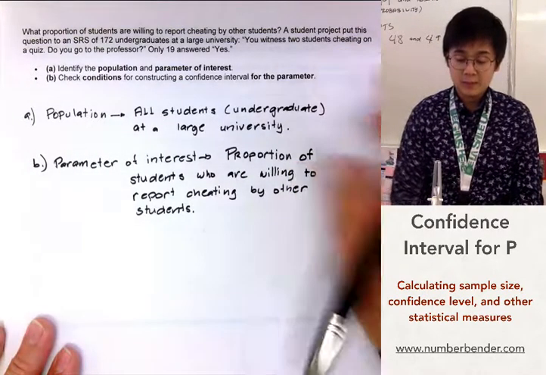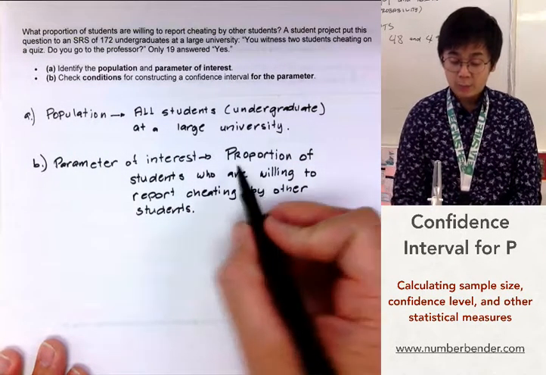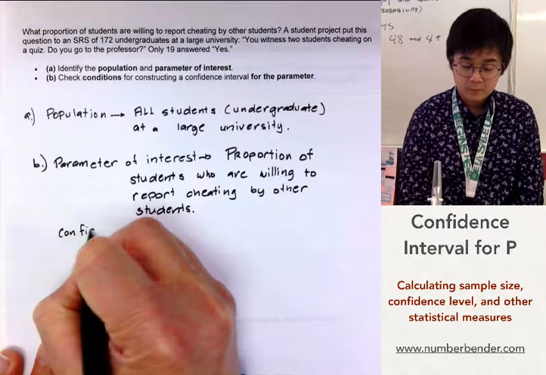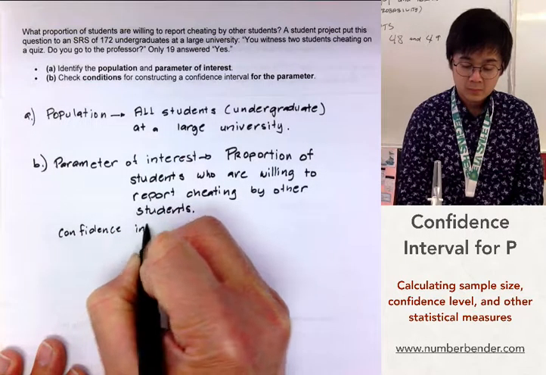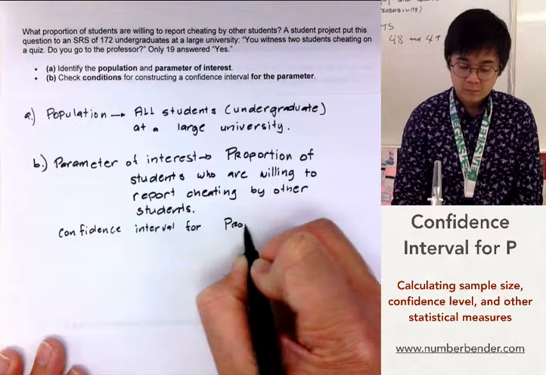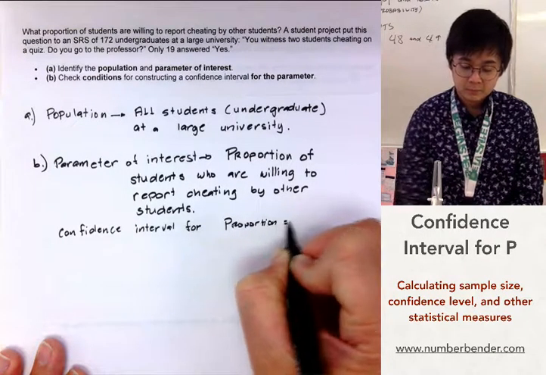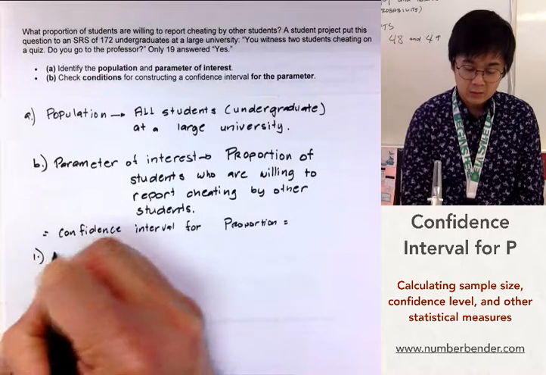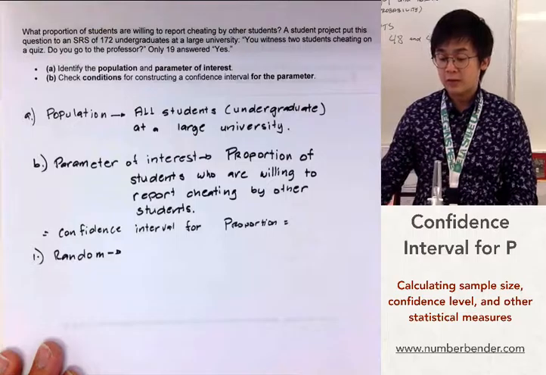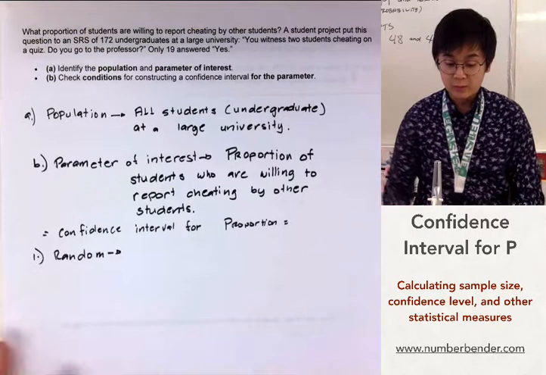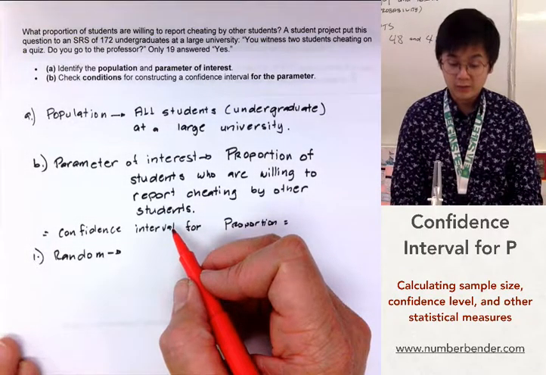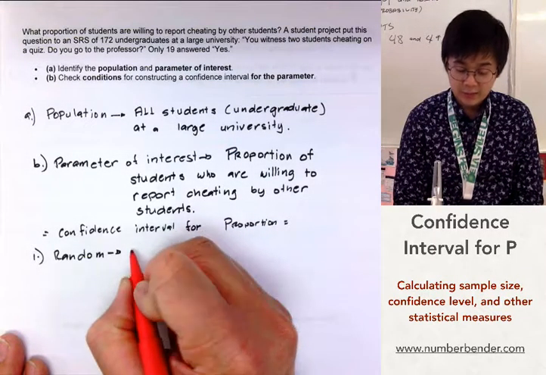So, since gagamitin natin, or kukunin natin yung proportion or confidence interval for proportion, kailangan nyo lang i-check kung random yung ating sample. At dito sa word problem, sabi dito SRS or Simple Random Sample of 172. So, satisfied yung randomness.